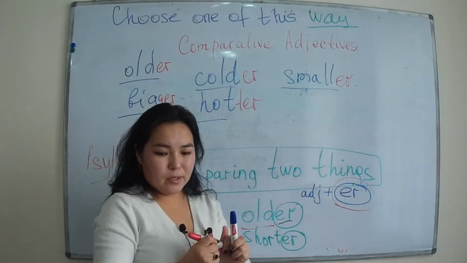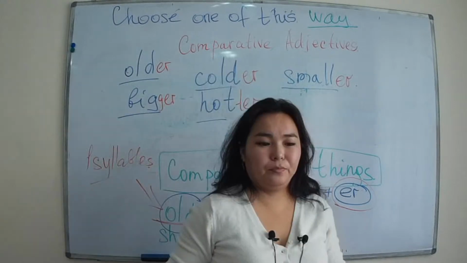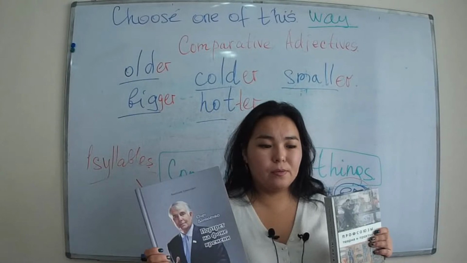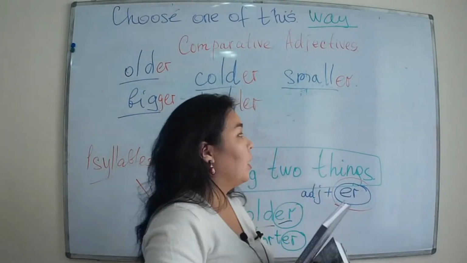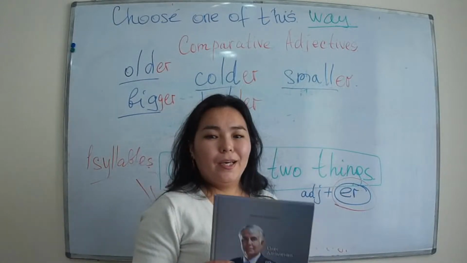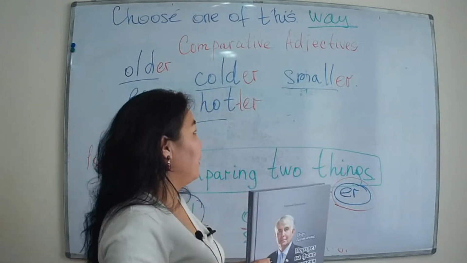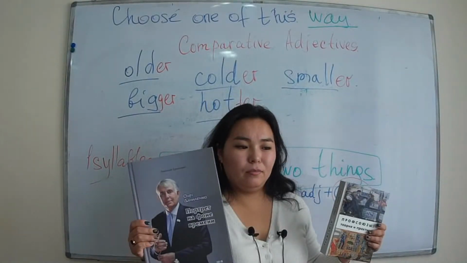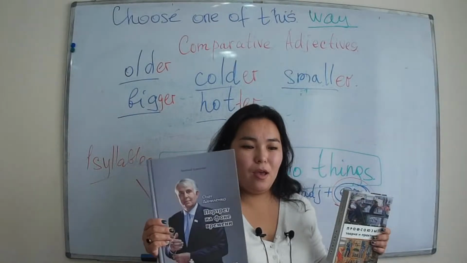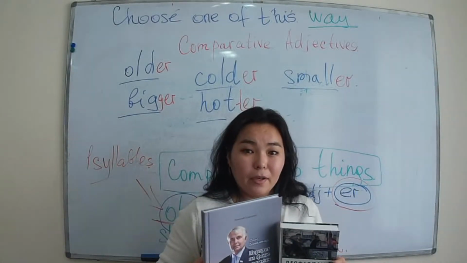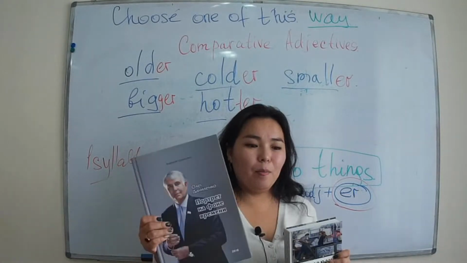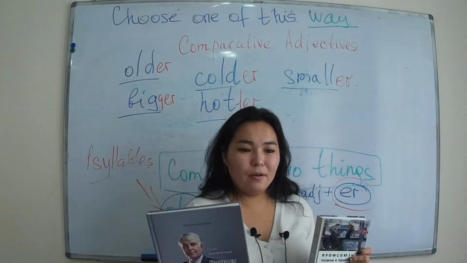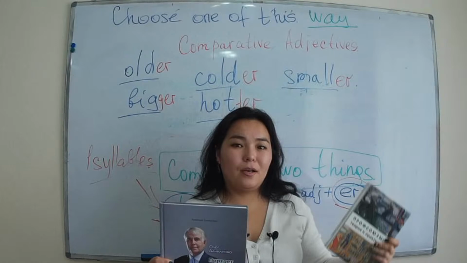So, with the help of this, you can compare two things. For example, look at this. I have two books. You see, I have two books, and this book is bigger than another one. This book is big. But when we want to compare these two books, we say this book is bigger than the second one, another one.